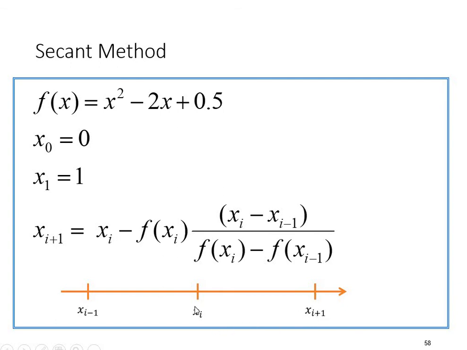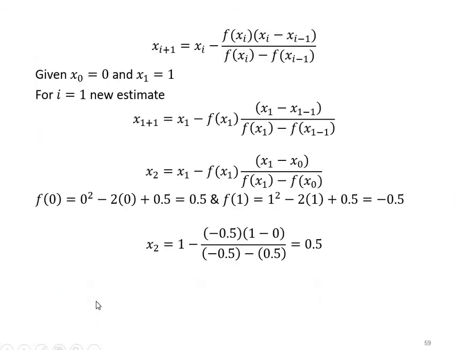In other words, the difference between these two points is h. If you are using x, this will be x minus h, and this one will be x plus h, because for you to get here from x, you need to add this distance, which is x plus h.